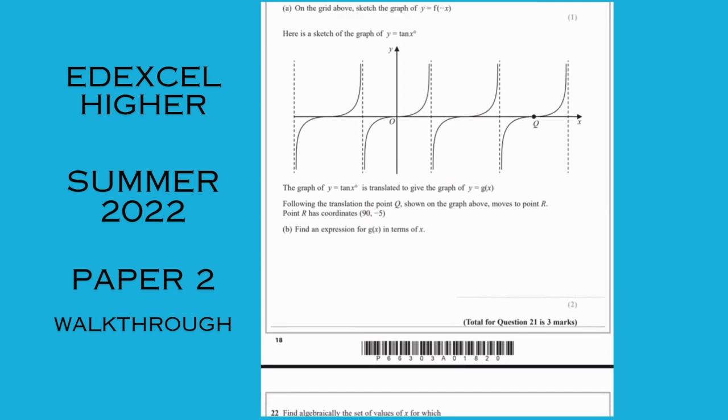This one, what a strange one this is. But here we go. This coordinate becomes the point R, 90 along. Now 90 is the asymptote and minus 5 down. So that is somewhere here. God knows where minus 5 is, but it's just down a bit, isn't it?